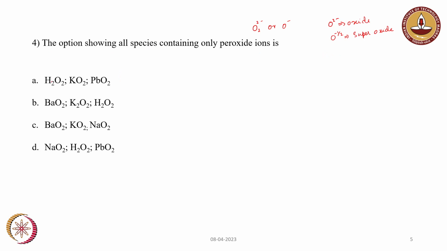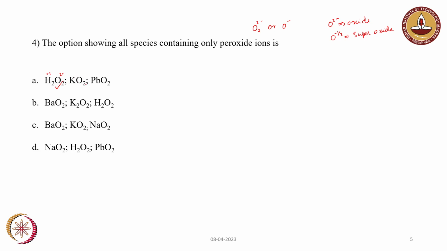So here in H2O2, H is in +1 state, so 2 H is present, so total will be +2. So overall here the O2 should be 2 minus, so this one is peroxide.